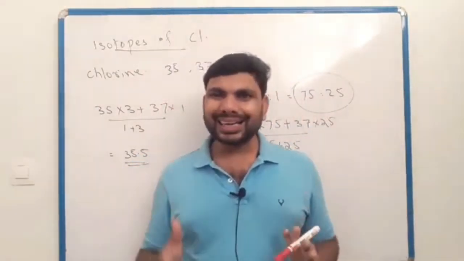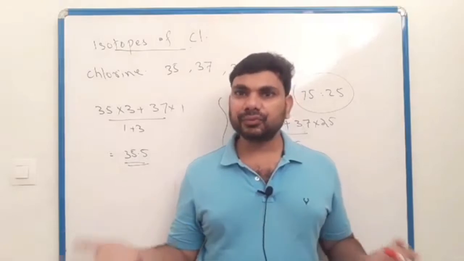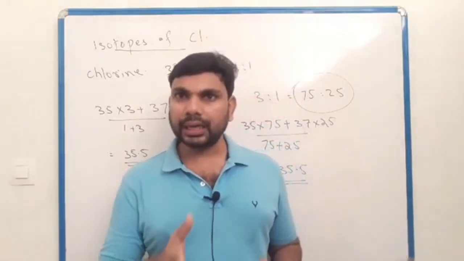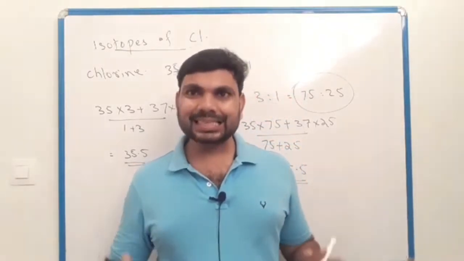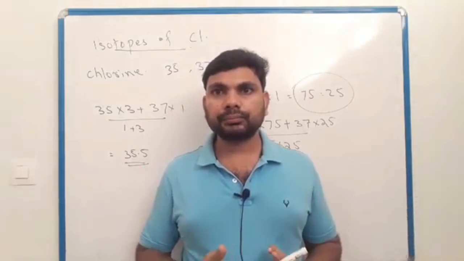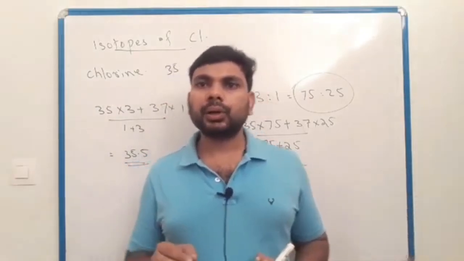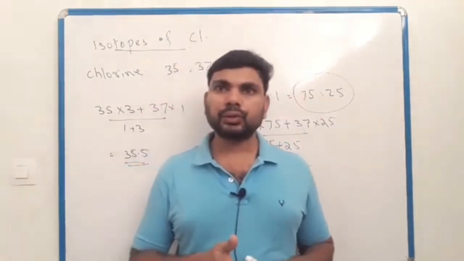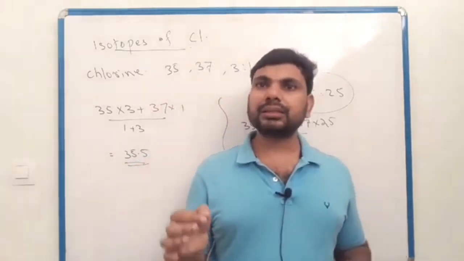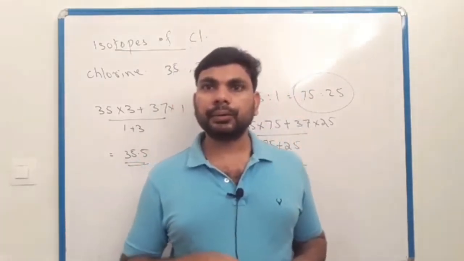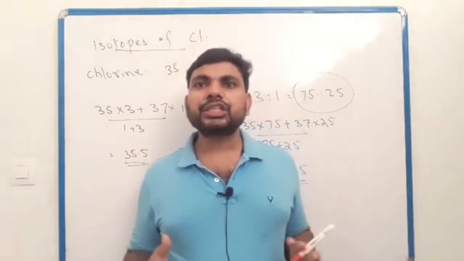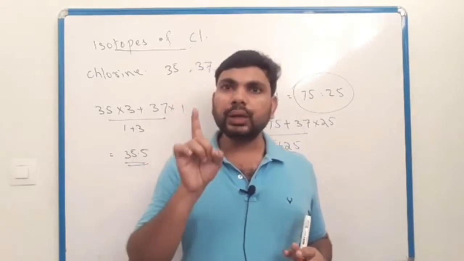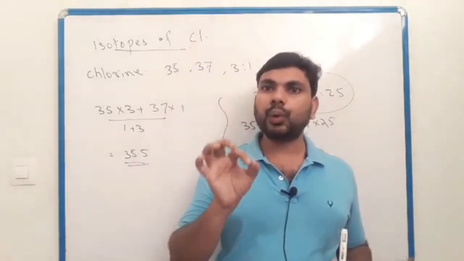We know one element exists in different forms. One element, but it exists in different forms. For example, chlorine. There are different isotopes of chlorine, chlorine 35 and chlorine 37. But in our periodic table we can see only one chlorine.